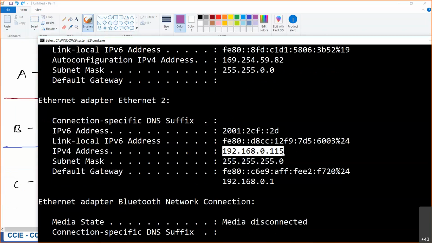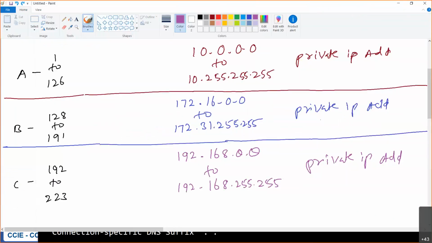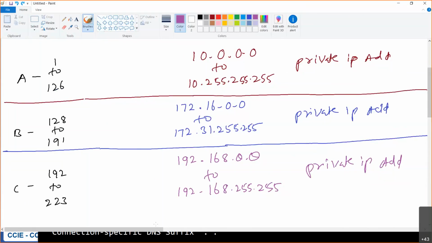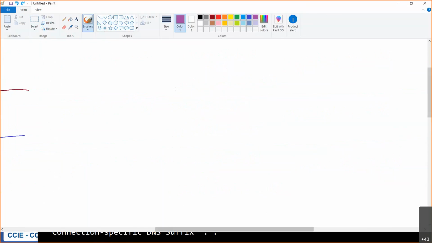It's private IP. Okay. 171.29.8.9 is private IP or public IP? 171.29 is public IP. 182.172.16.1, is it public or private?